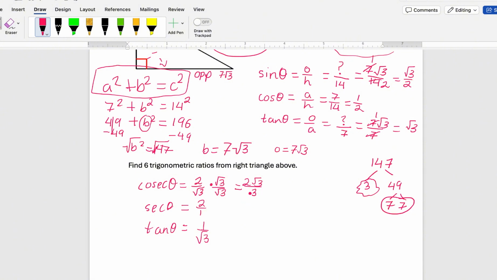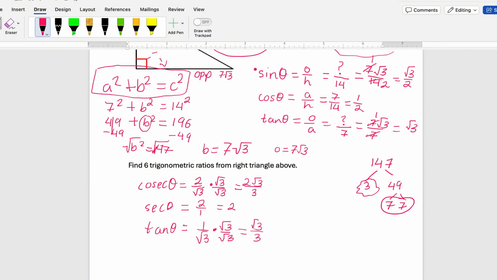So now I don't have a root on the bottom. We also know 2 over 1 is equal to 2, right? Over here we have a root, so we have to rationalize it. Again, we're going to multiply by whatever value is on the bottom, on the top as well as on the bottom. Root 3 times 1 is root 3, and root 3 times root 3 is 3.